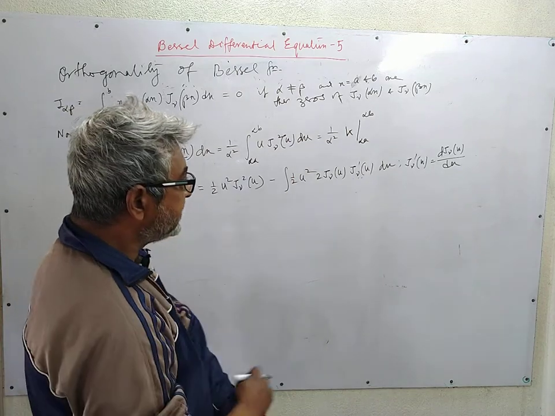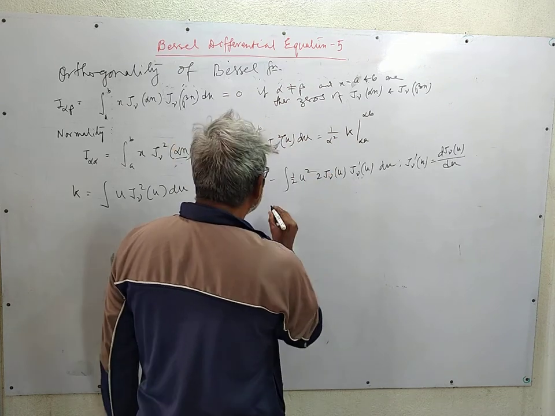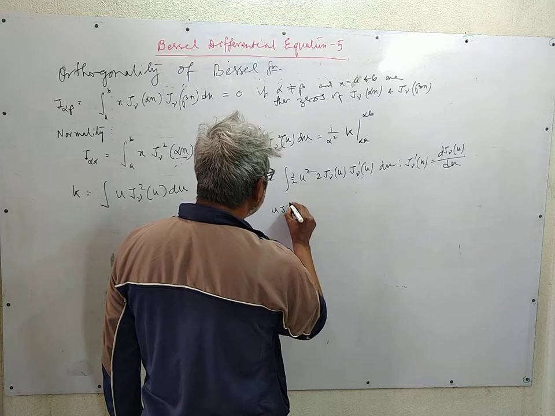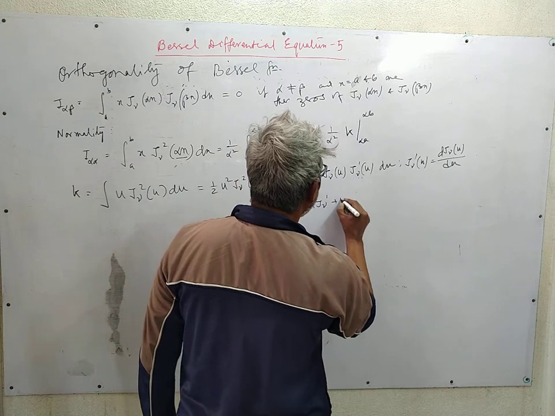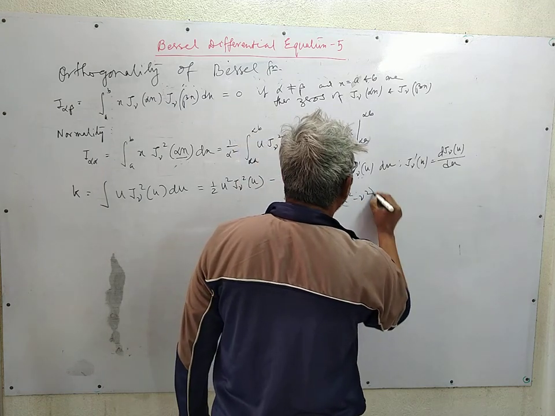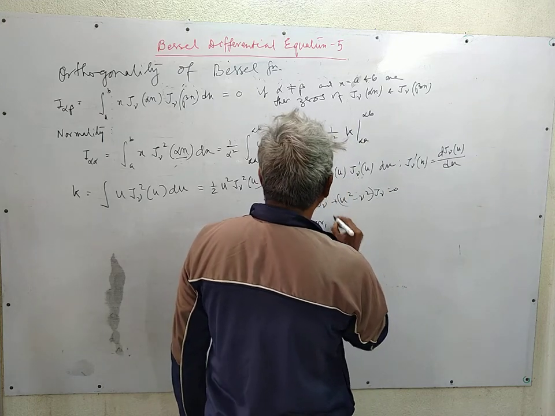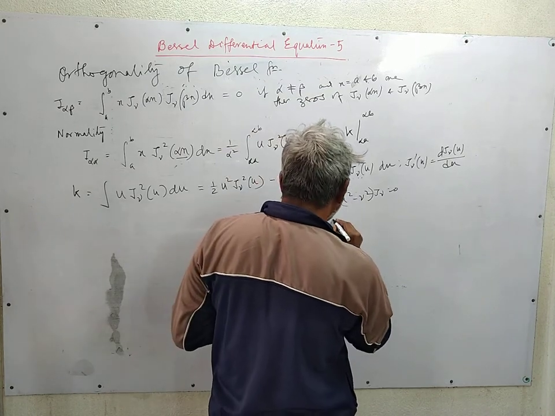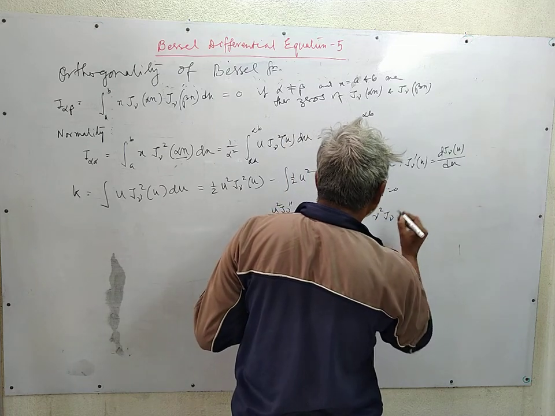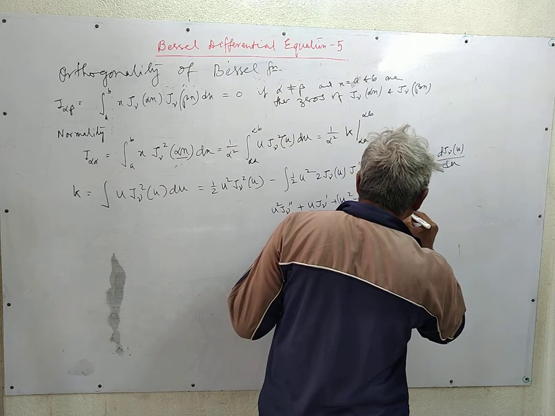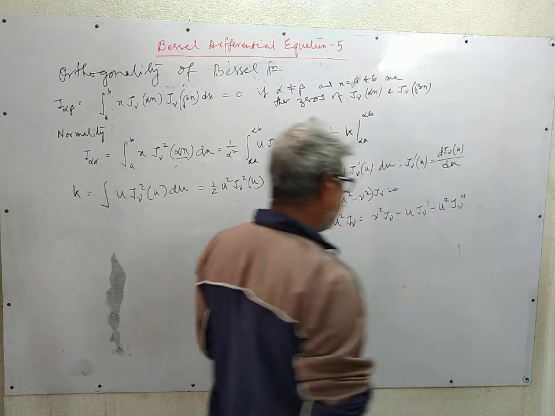Now recall the differential equation which is satisfied by J_nu: u square J_nu double prime plus u J_nu prime plus (u square minus nu square) J_nu is equal to 0, or u square J_nu, this is the term that appears here, is nu square J_nu minus u J_nu prime minus u square J_nu double prime.